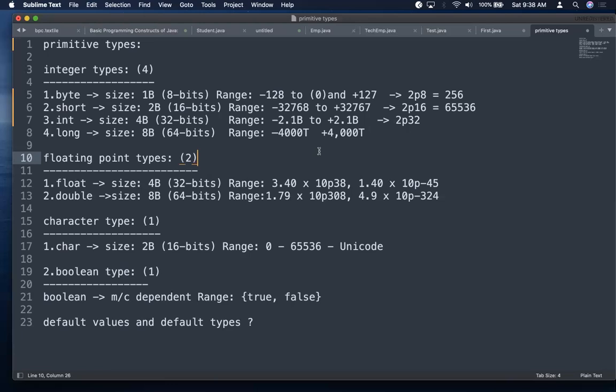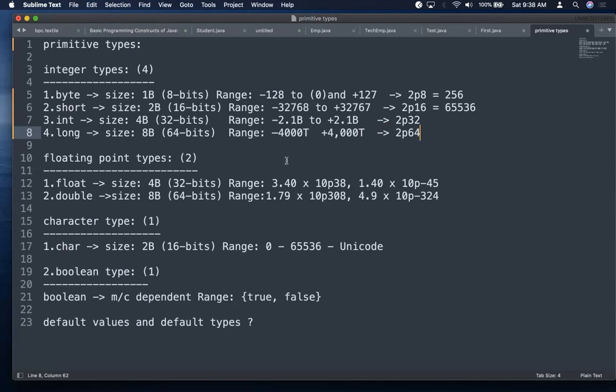Then you have to go for a bigger data type, that is long. Long has the highest size, that is 64 bits. So a total of 2 power 64 numbers are possible, which is a very big number, and it occupies 8 bytes of space.